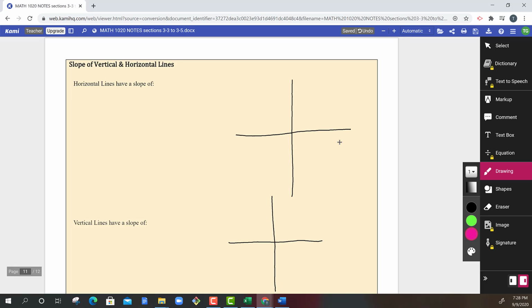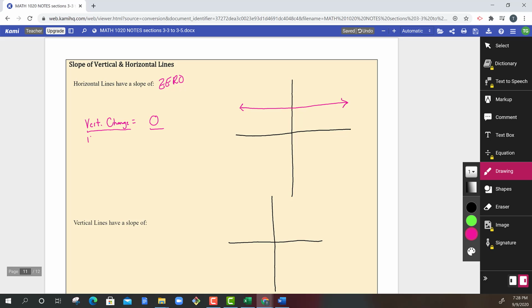Real quickly, horizontal lines have a slope of 0. And that's because, what is the vertical change in this problem? The vertical change is 0.